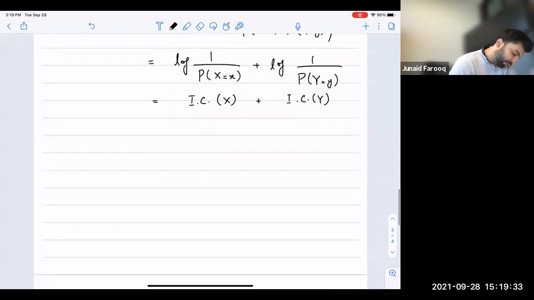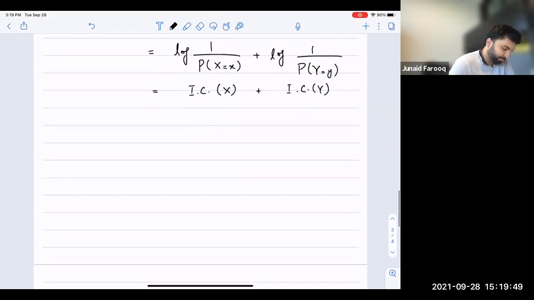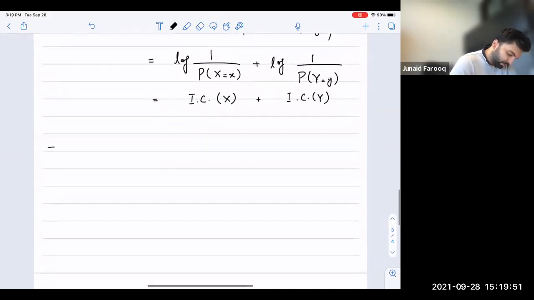All right, so next we will formally define what the information content is from a Shannon point of view.